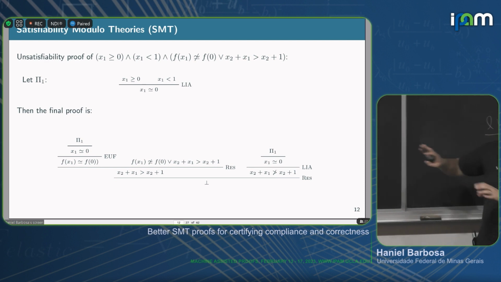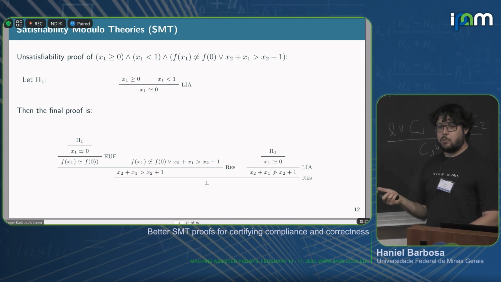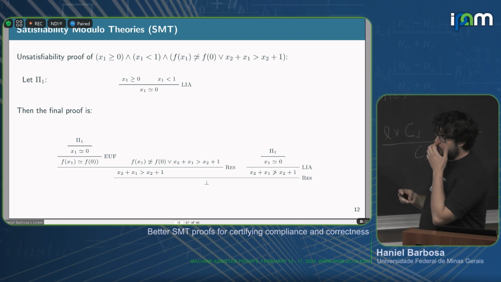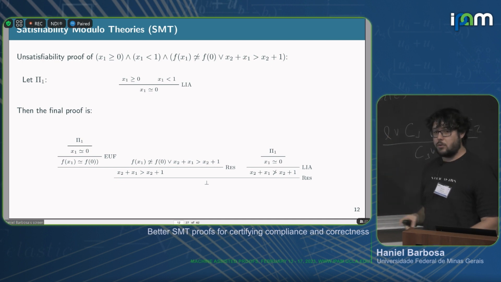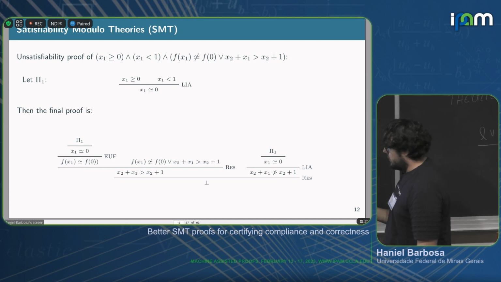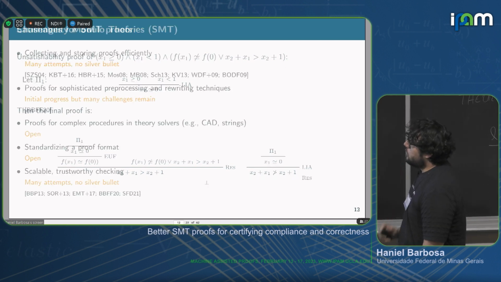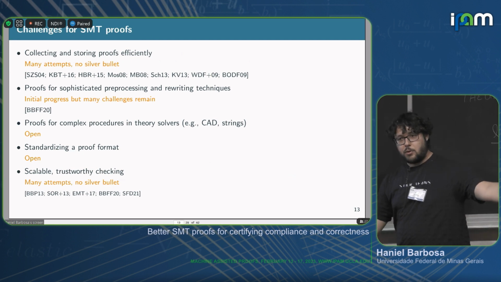So this is a way that I could construct a proof of the unsatisfiability of that problem, as we discussed. In principle, this is what the SMT solver is doing. As we'll see afterward, this is not how CVC5, for example, solves this problem, but it could have done it like that. All right, so what is difficult about producing proofs?